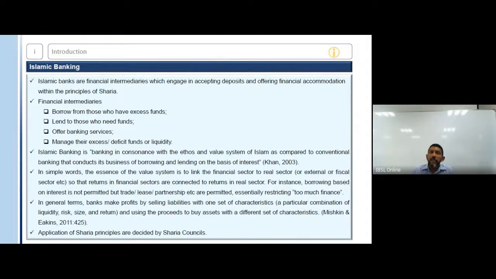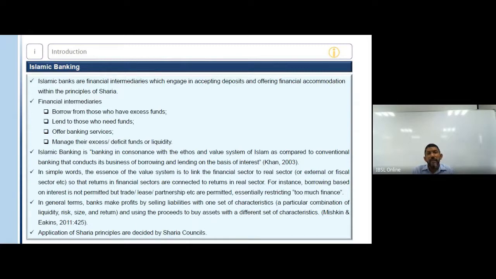But the only thing is, there is no channeling back of funds in charities. The money given doesn't come back to the charity, and those are not returned to the donors. So donation, charity is a one-way street, whereas financial intermediation is a two-way street, meaning the funds are channeled by the intermediary Islamic banks to those who need funds, and then the funds and the returns are channeled back to the original depositors.